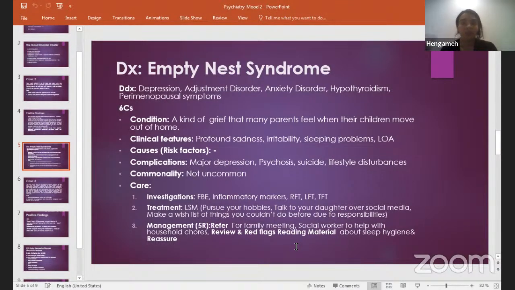Whereas in adjustment, you'll hear things like, I can't cope, I'm overwhelmed, there's a lot happening in my life, I lack support. And it's more like a mixture of low mood and anxiety. Here, this lady is not anxious. And when Gina asked, she clearly told her she's not anxious.